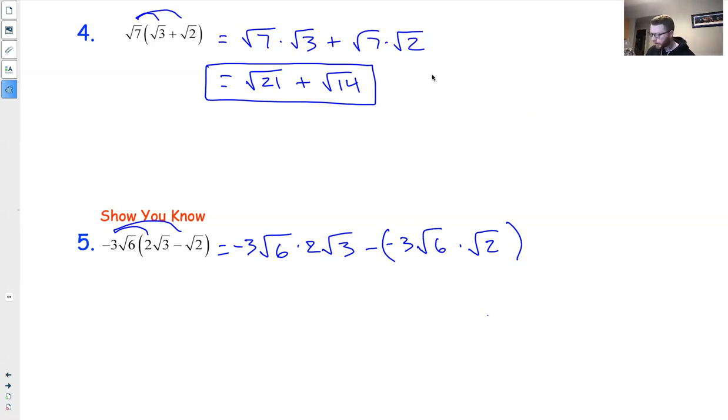Okay, so now we will multiply the numbers in front of our radicands, and we will multiply the radicands as well. So negative 3 times 2 is negative 6, and root 6 multiplied by root 3 is root 18.